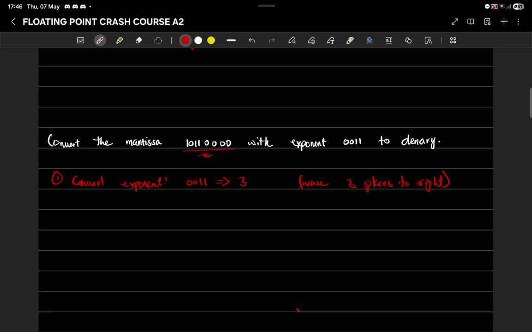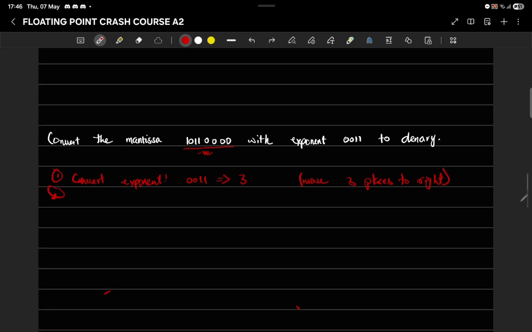Now the second step, we do the shift. So we had 1 0 1 1 0 0 0 0.